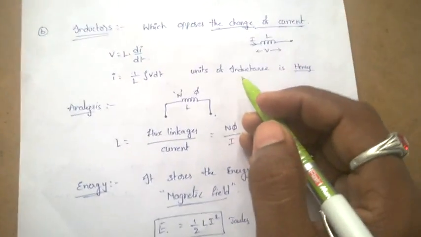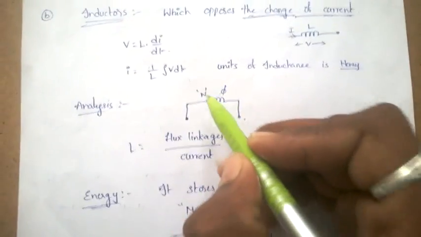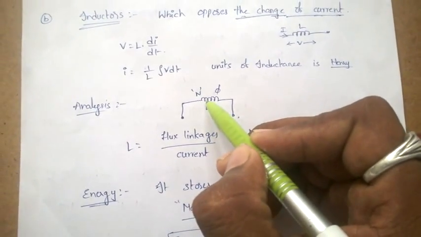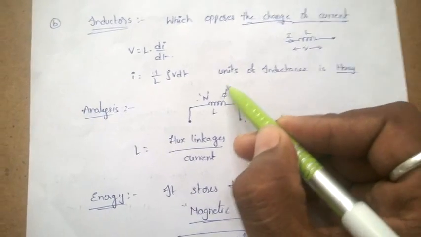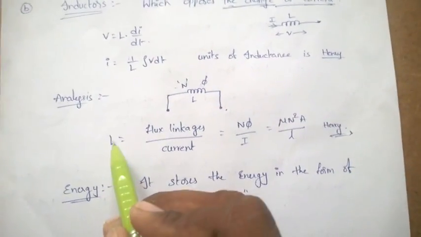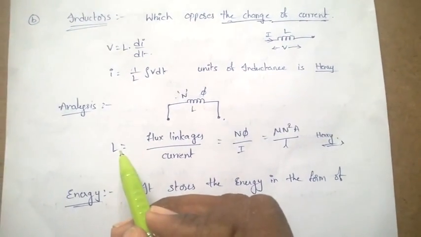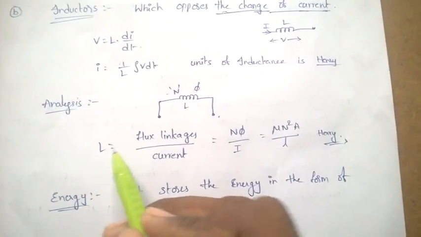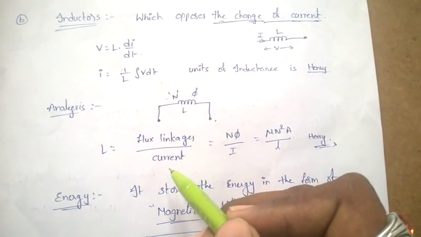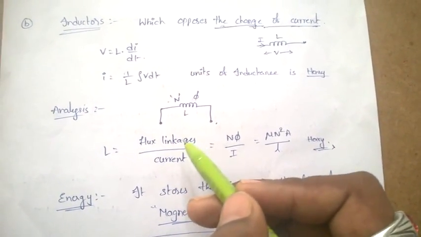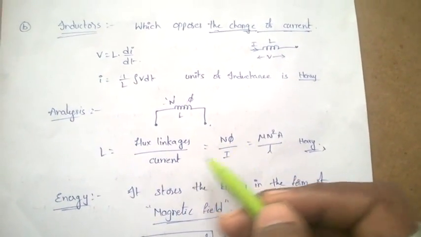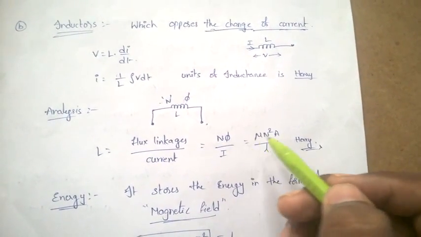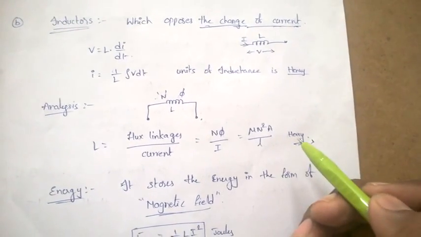Coming to the analysis, when the inductor has N turns and the flux linkage is phi, the inductance is a property given by L = flux linkages divided by current. Total flux linkages for N turns is N phi, so L = N phi / I, which is nothing but mu N squared A / l henry.